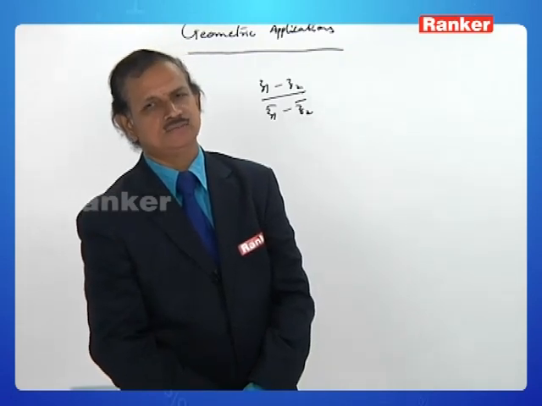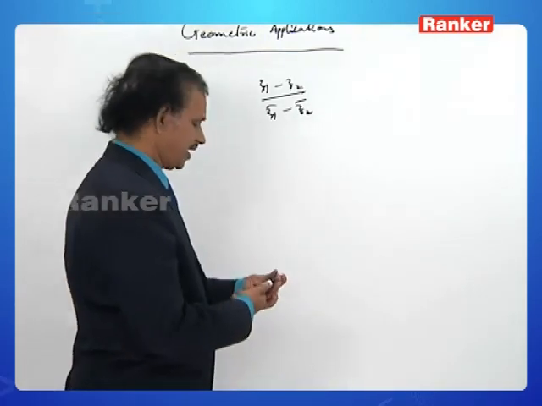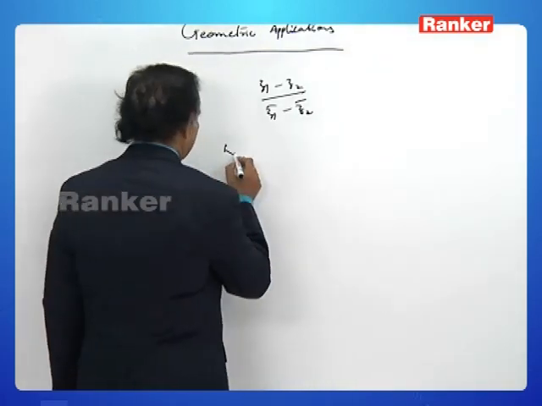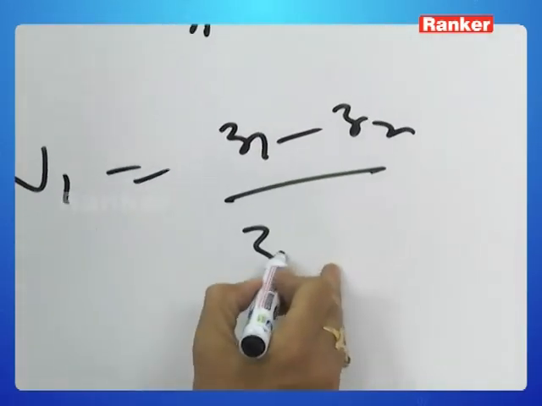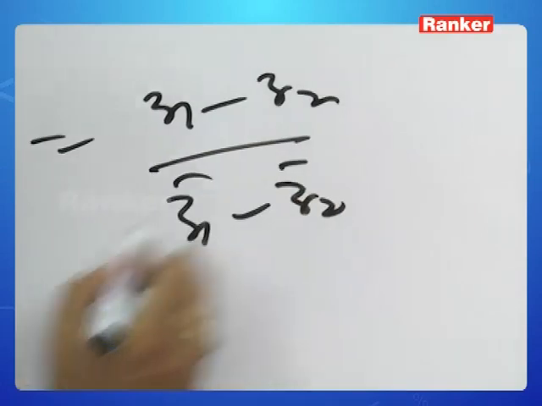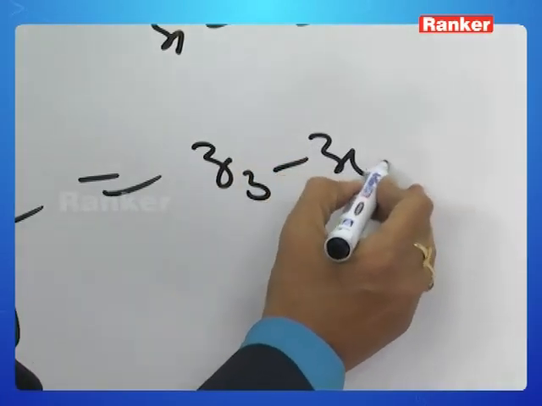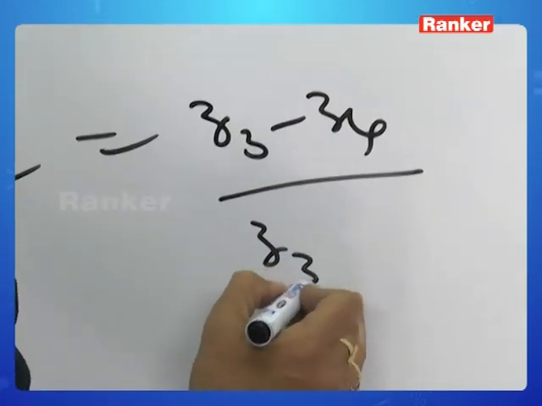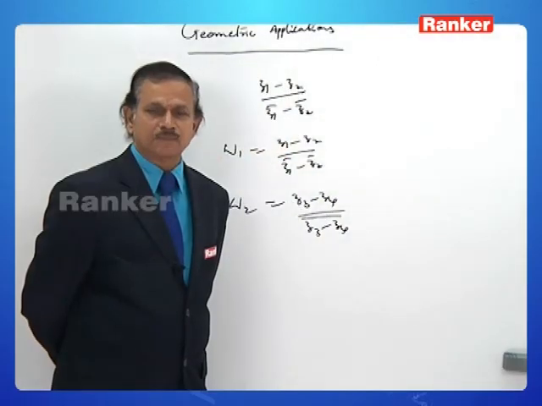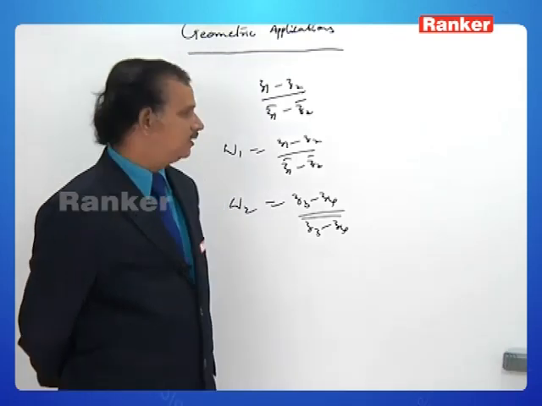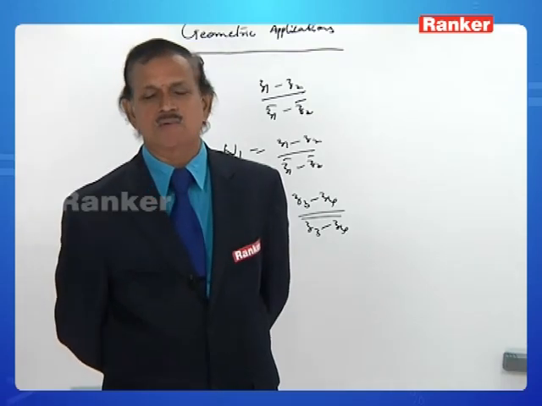It can be derived very easily, of course, if you take W1 as z1 minus z2 by z1 bar minus z2 bar, and W2 as z3 minus z4 by z3 bar minus z4 bar. If two straight lines have equal slopes, then they are parallel, no problem.